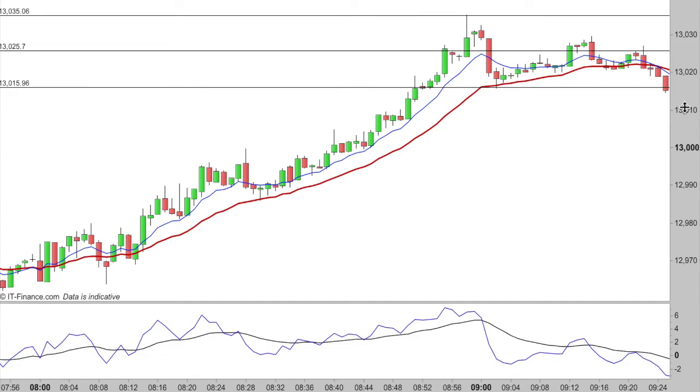So this is how the banks and the institutions work. They're not always precise with their entries. They don't really look at candlesticks in the way that retail traders do and take their entries from candlesticks. They take their entries and they take their profits based on where price is in terms of value within the market at any time.